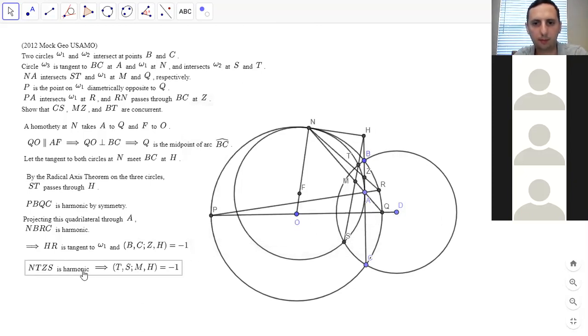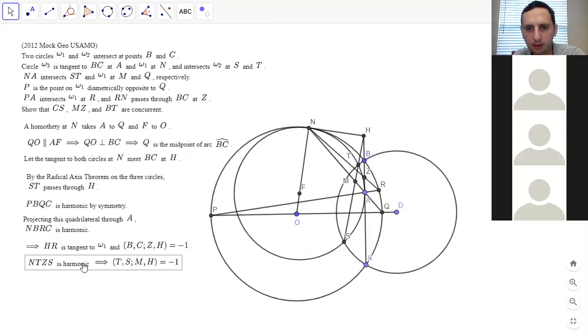And then combining the above two, we know that BT, ZM, and CS concur.